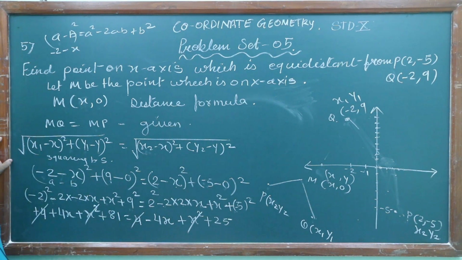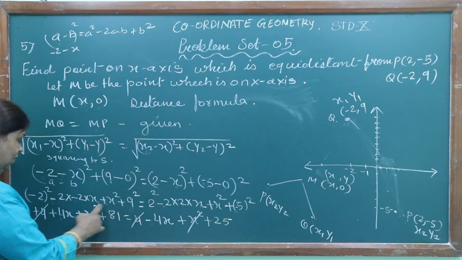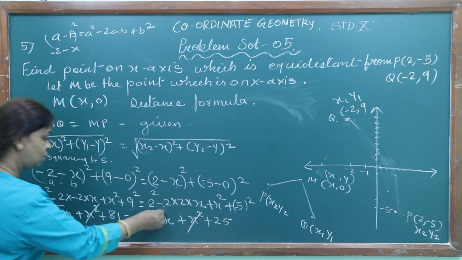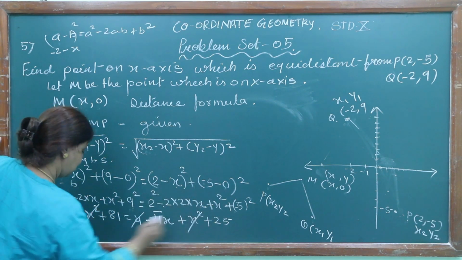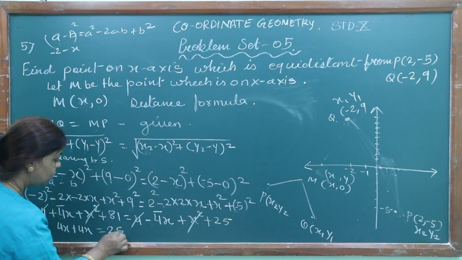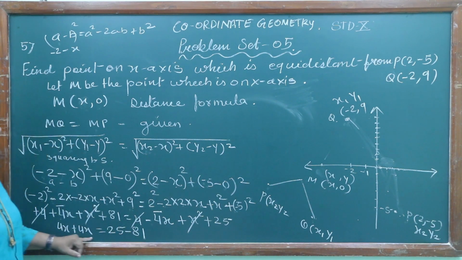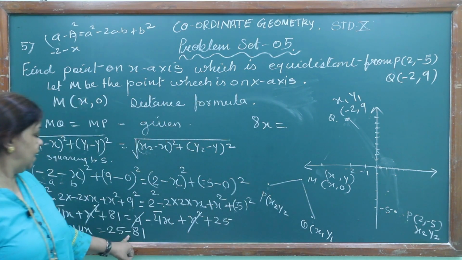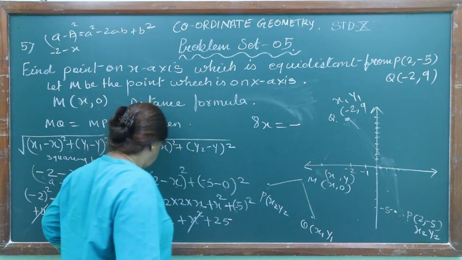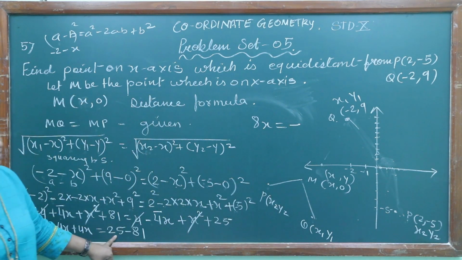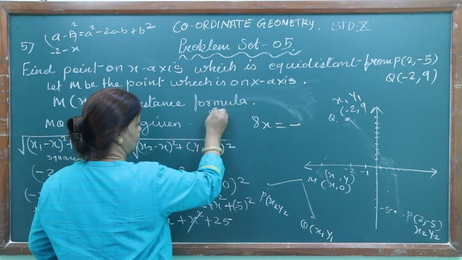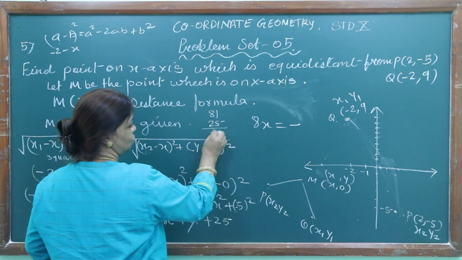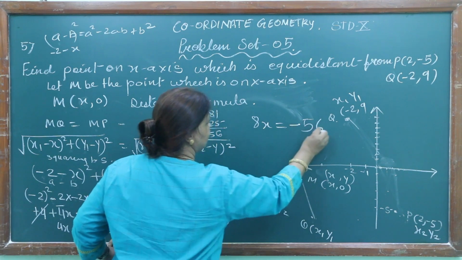Now 4x and minus 4x. Minus 4x will come here, so 4x plus 4x. We have taken this, and we have also taken this, and 81 I will shift there. 25 is already there, so 25 minus 81. 4x plus 4x will be 8x. 8x is equal to, the sign of the greater number is minus, and 81 minus 25, I think 56. 81 minus 25: 11 minus 5 is 6 and 7 minus 2 is 5, so minus 56.